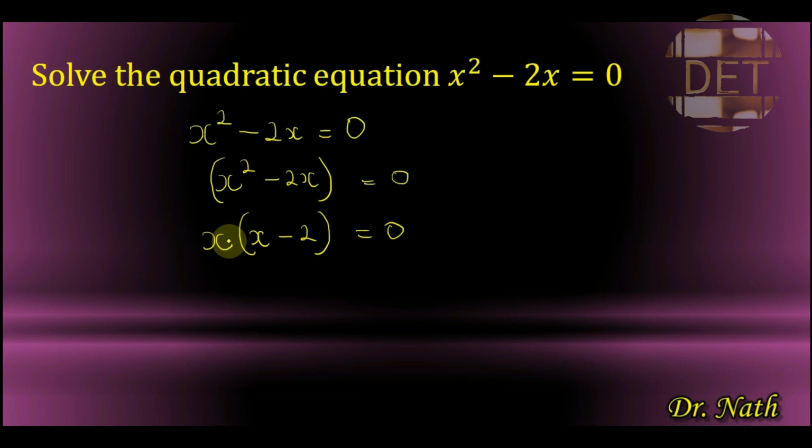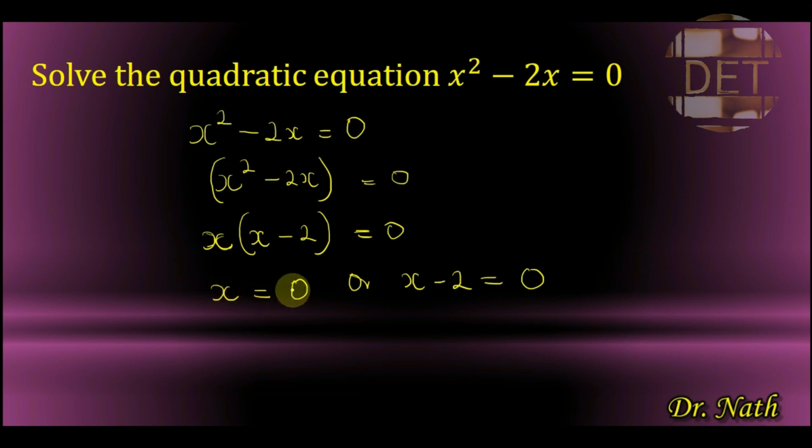Having done this, since it's a quadratic equation, you are going to have two answers, two roots. So my x now will be equal to 0, that is this x will be equal to this 0, or x minus 2, which is the one within this bracket, is equal to 0.